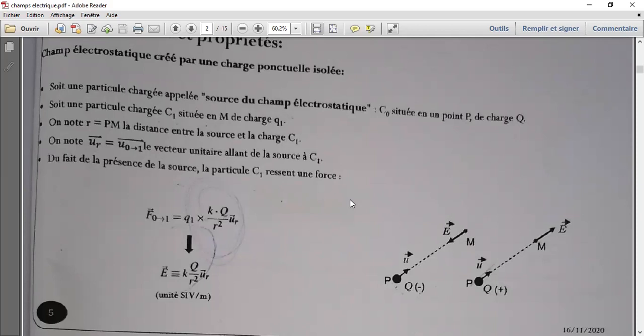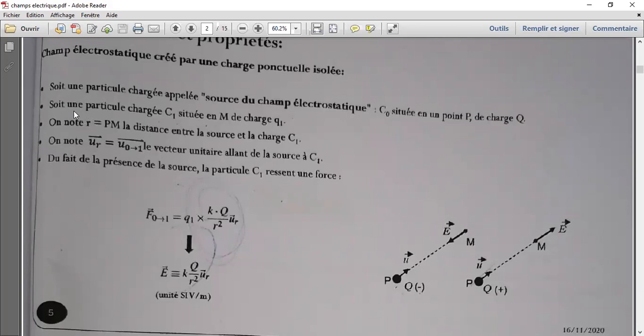For example, we have C0, situated on a point P, which is the source of the champ électrostatique, with the charge Q.